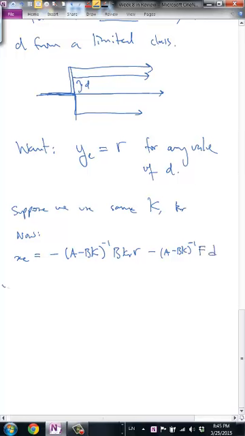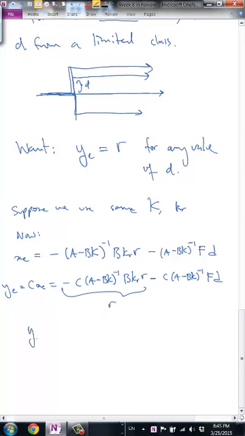And therefore YE, which is CXE, is going to equal minus C (A minus BK) inverse BKR R minus C (A minus BK) inverse times FD. This part was designed to equal R. So YE is going to equal R minus an error, minus C times (A minus BK) inverse times FD. And this is our error.